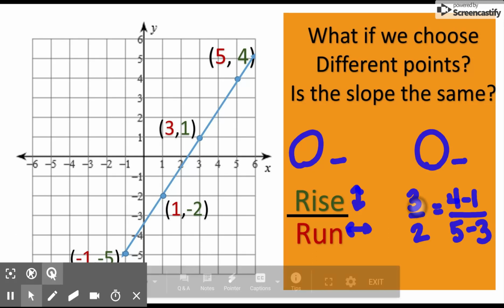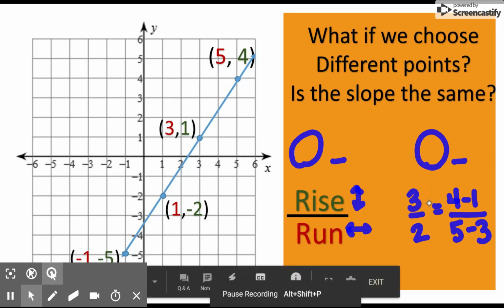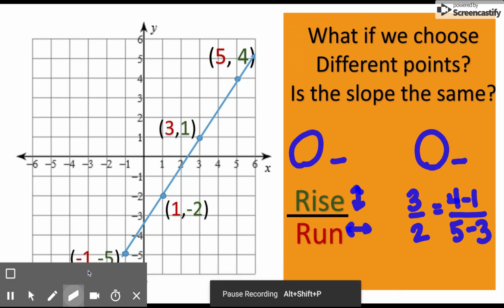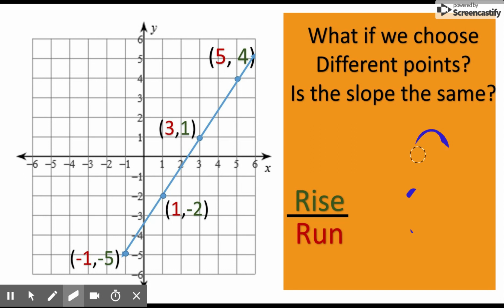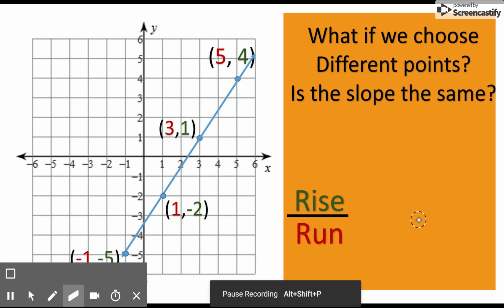Okay, what if we choose different points? If we extend this line, we see that we have the points (-1, -5), (1, -2), (3, 1), and (5, 4). So we also talked about how you can pick any 2 points on the line and it should have the same slope.